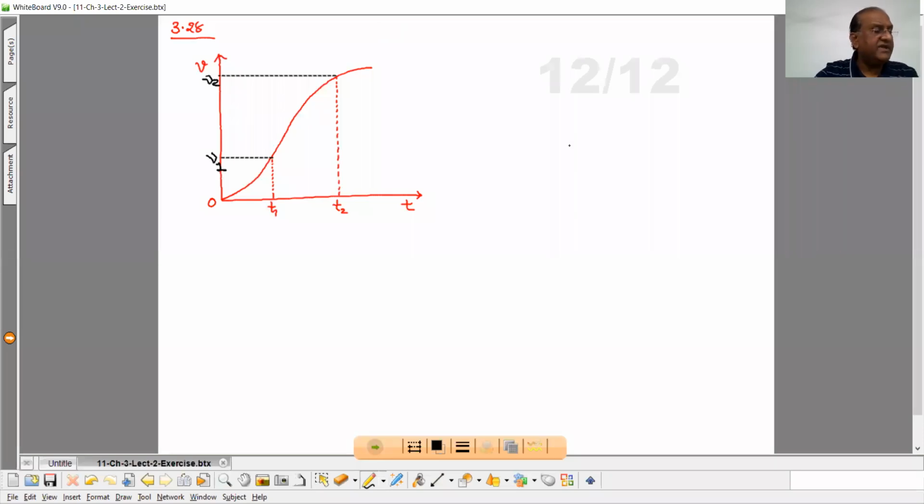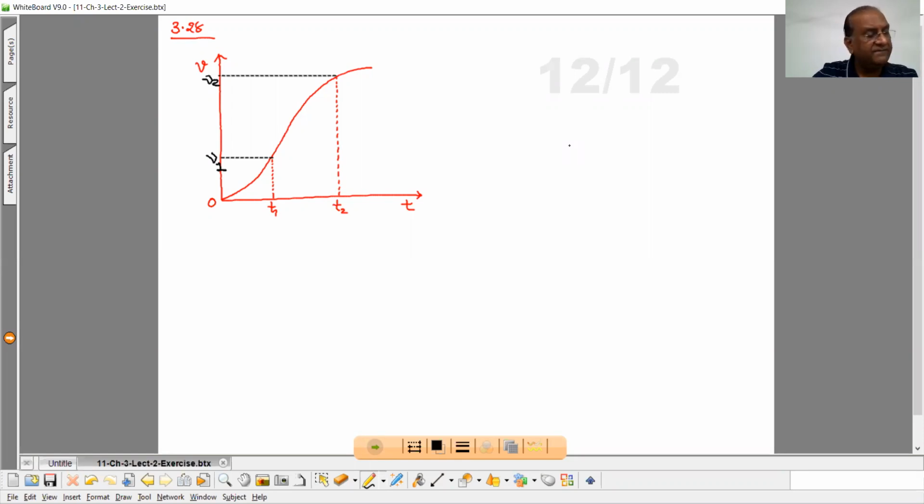Now example 3.28. The velocity time graph of a particle in one-dimensional motion is shown in figure. Now, which of the following formulas are correct for describing the motion of the particle over the time interval t1 to t2?